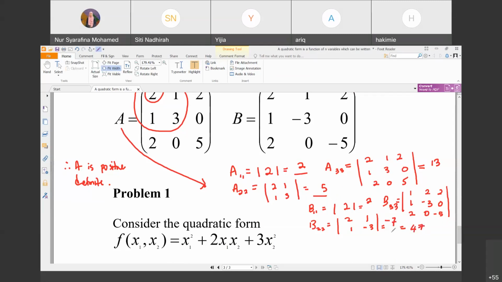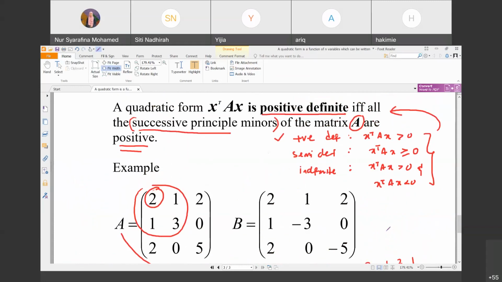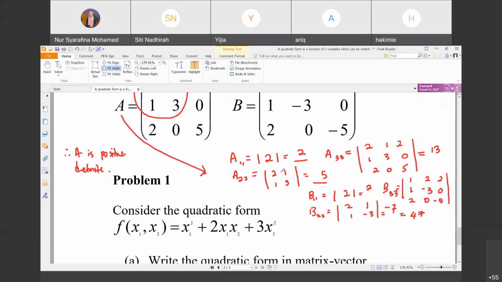Now it is a mixture of positive and negative values. Then we can say B is what? Not positive definite. This one, indefinite. Okay, remember? So B is indefinite.